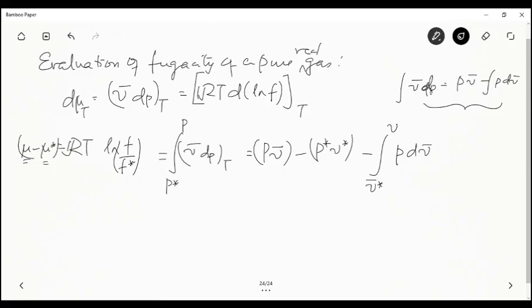So I can evaluate this, for example, if the functional form of P as a function of v is given, this can be integrated.